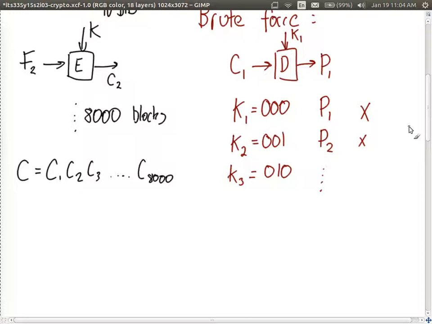How many keys do they need to try? Oh well, if no one's going to yell it out, we'll write them all down. We've got a 3-bit key, we try this one, let's say we're unlucky and the plaintext is not correct. We try the next one. That was unlucky, we got plaintext that was not correct, we keep trying.